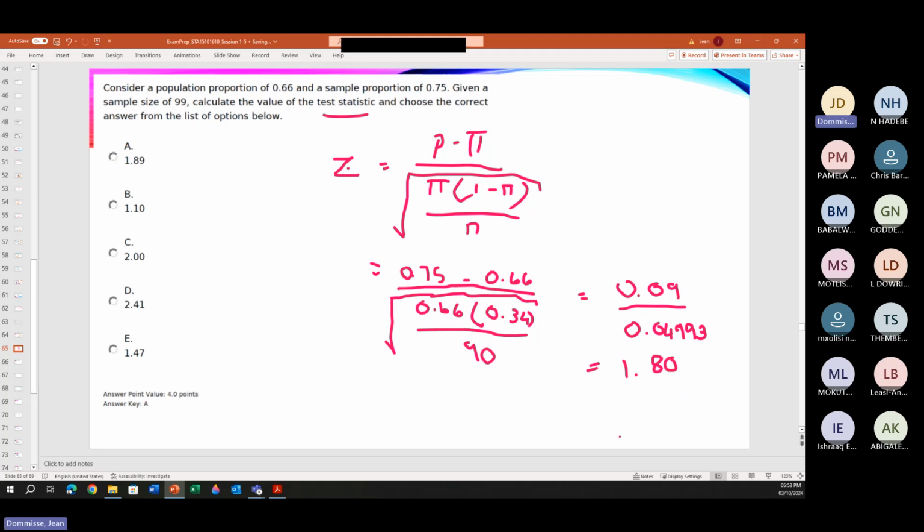Why don't I get it? Let me quickly check again if I've done it right. 0.66 times 0.34 divided by 99. So there I made a mistake. How easily one can do that.